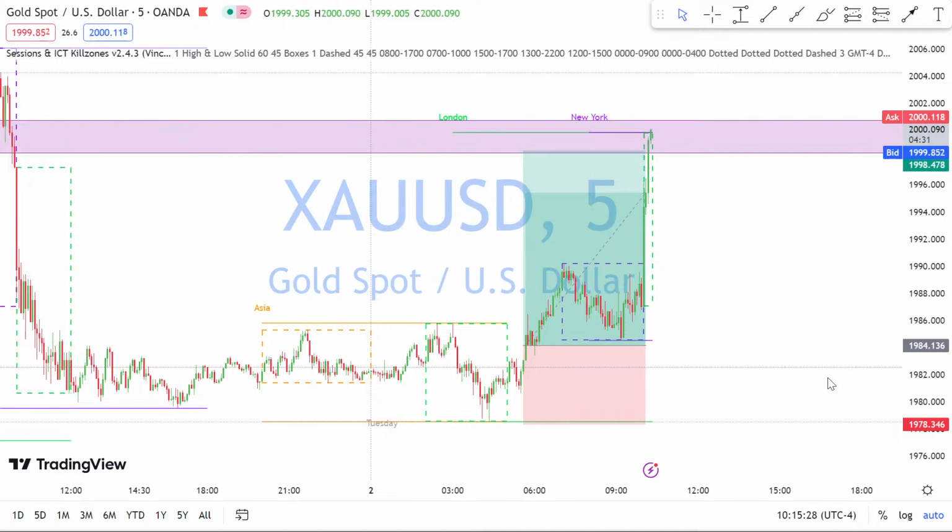I just want you to look at it graphically in terms of the way the ranges expand and how it looks overall. So we have trading day here, we have consolidation. It creates a little bit of a run up, rejects that and trades aggressively lower, and then comes off the low and begins the New York session.